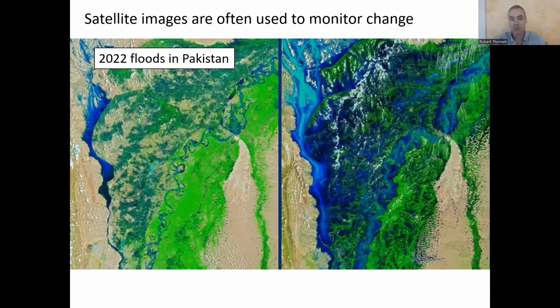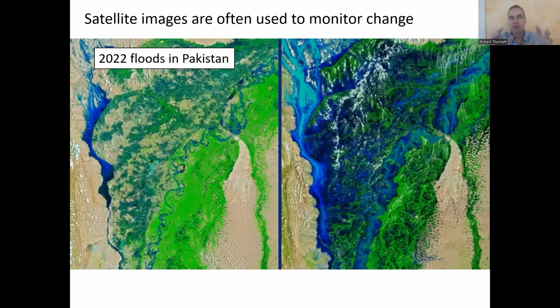That's an area that's usually a desert or semi-desert region, so there's not much vegetation there on the left, on the edges, and suddenly it's full of blue all across it, right? Many people lost their homes, had to migrate. It was a major incident, these 2022 floods in Pakistan. So these two pictures, the before and the after, capture it really well.